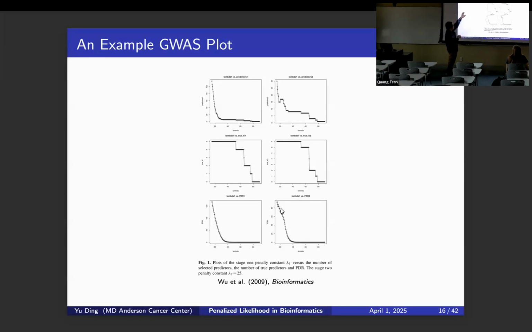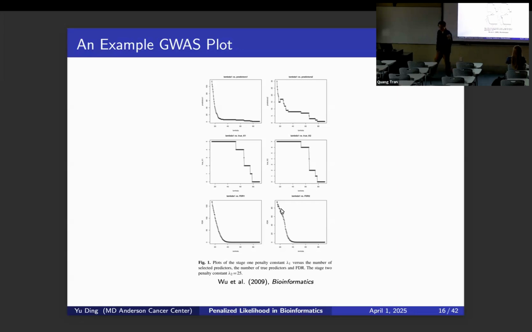So the first plot represented the number of predictors we kept. The second plot talks about the true predictors we kept, and the final plot gives us the false discovery rate, or the false positive rate.